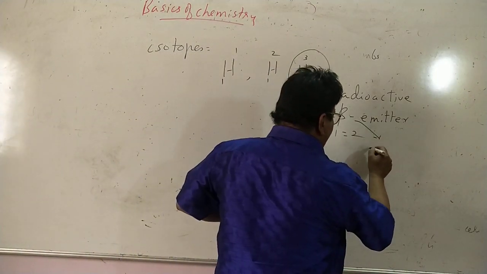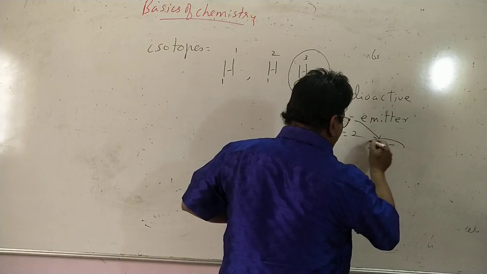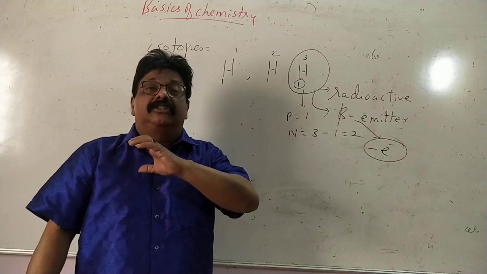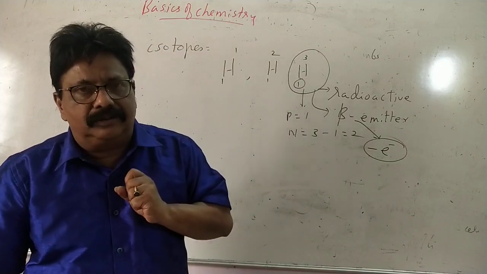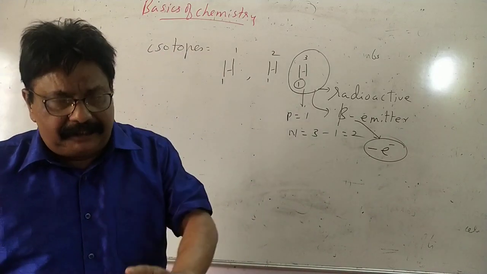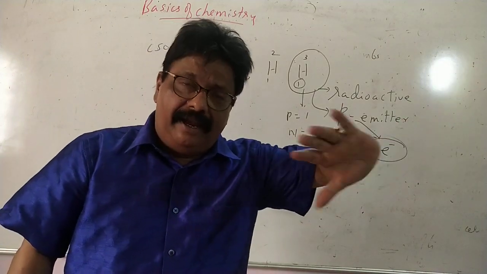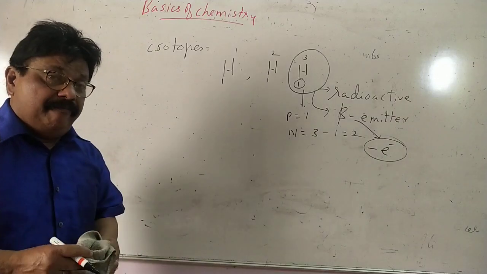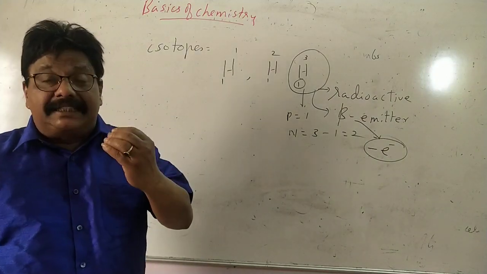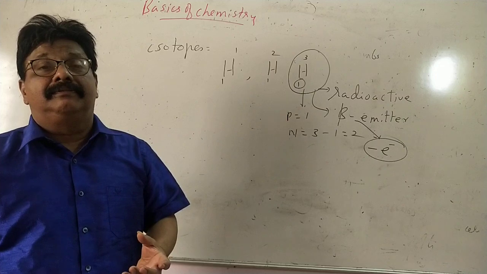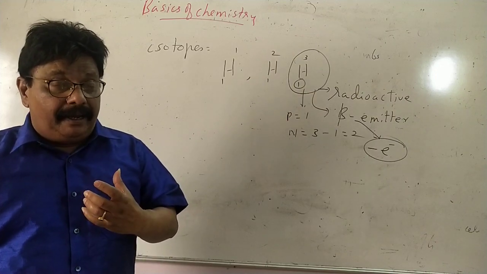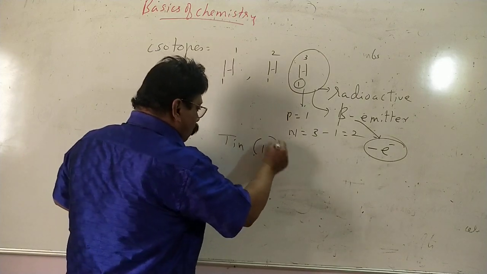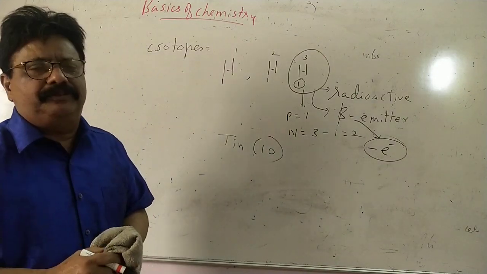Beta particles are fast moving electrons only. Alpha rays, beta rays, gamma rays, I will come to that in another session of class. If I ask you which element has the maximum number of isotopes, our answer should be Sn. How many isotopes? It has 10 isotopes.